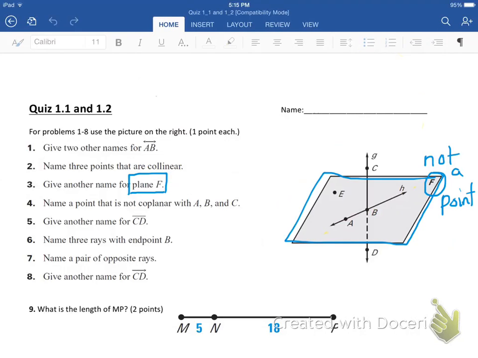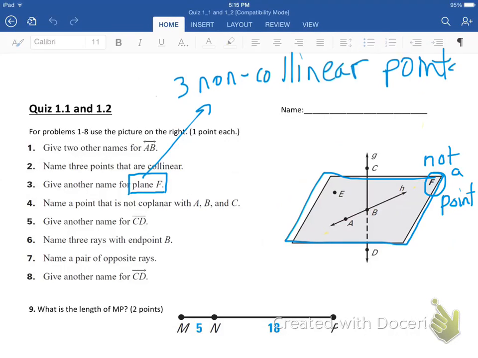Okay? So we need another name. For a plane, you need 3 non-collinear points, and remember, collinear is sharing the same line. So we want 3 points not on the same line.